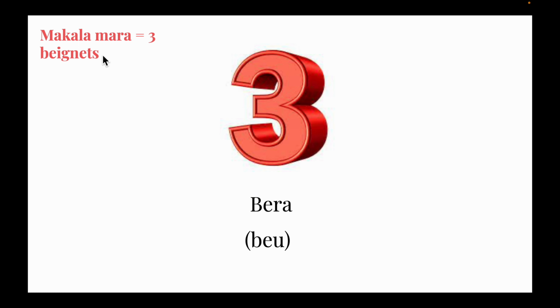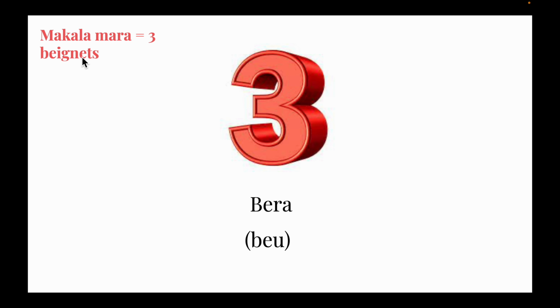So some words you don't change, but most of them you will add maybe an S or an ES to signify that the noun is being changed to a plural. Same thing in Bassa'a. So, beignet, you wouldn't say 3 beignets, you wouldn't say rikala mara, because rikala is the singular form. So to say 3 beignets, you say makala, which is the plural form of beignet.